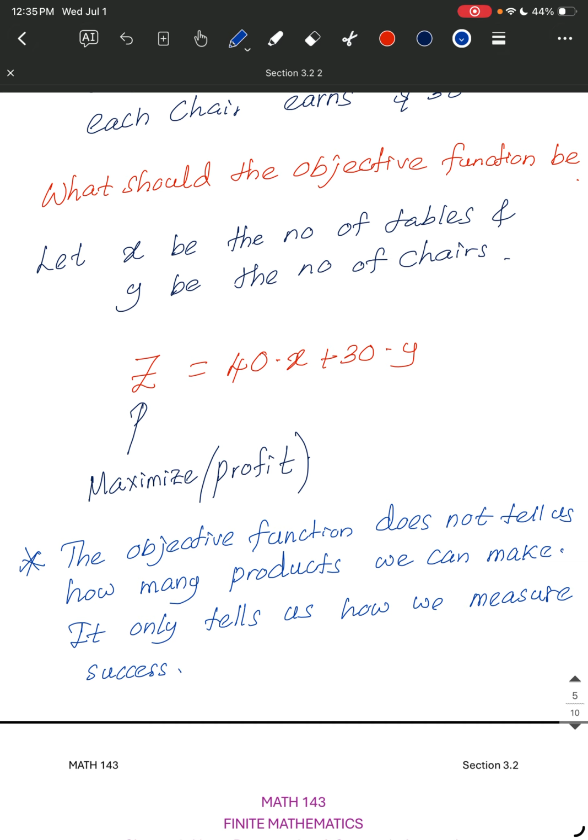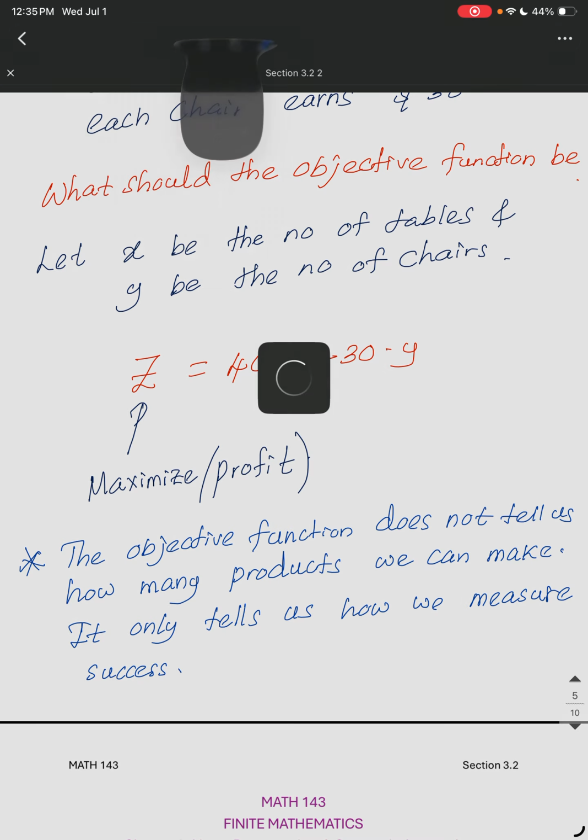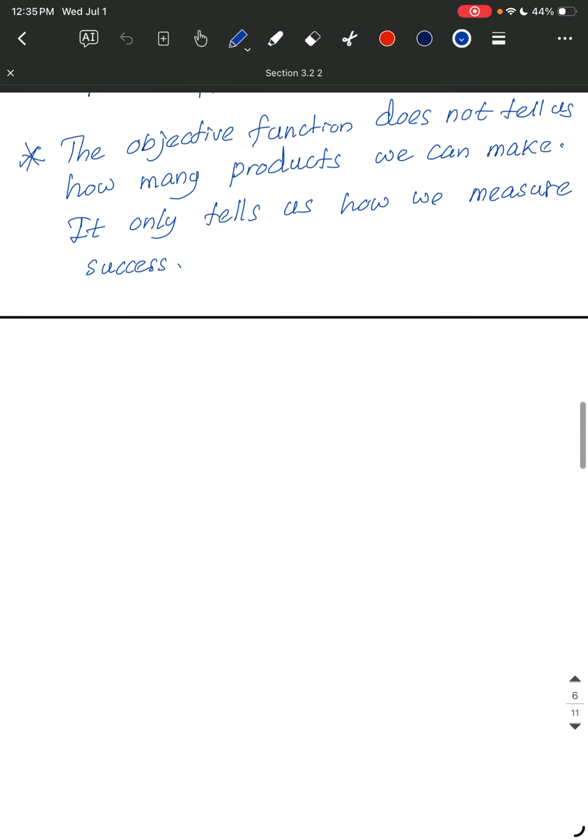For every linear programming problem, we will follow the same 5-step procedure.